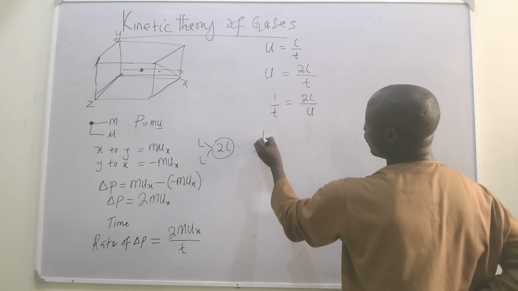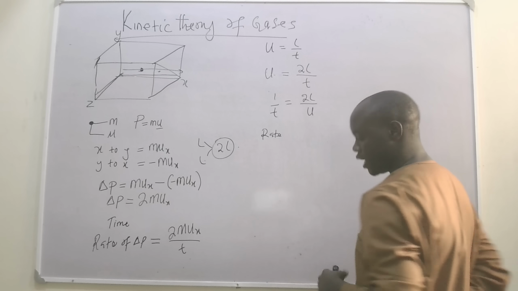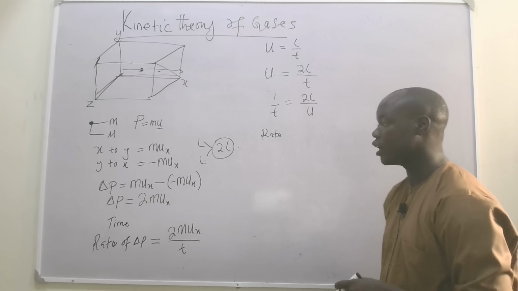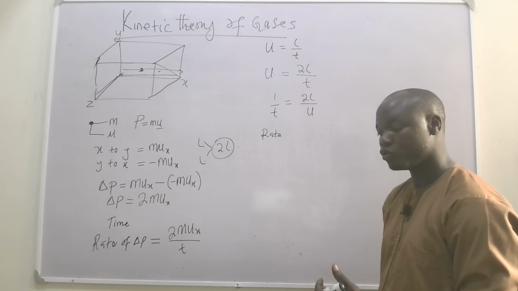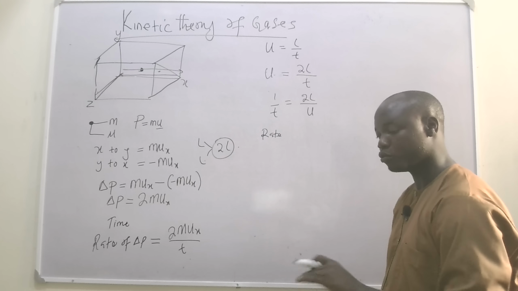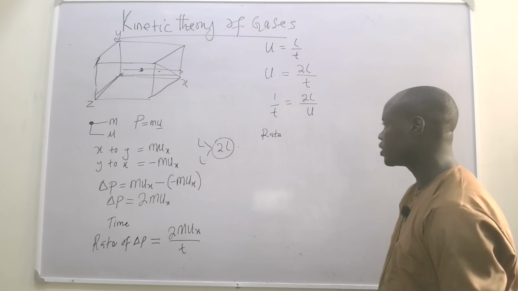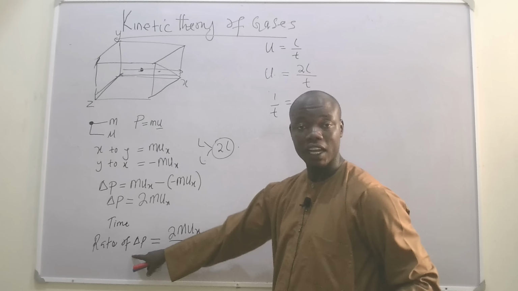The rate of change of momentum is simple from here, because according to Newton's law of motion, the rate of change of momentum is directly proportional to the force applied. So the rate of change of momentum is the same thing as force.